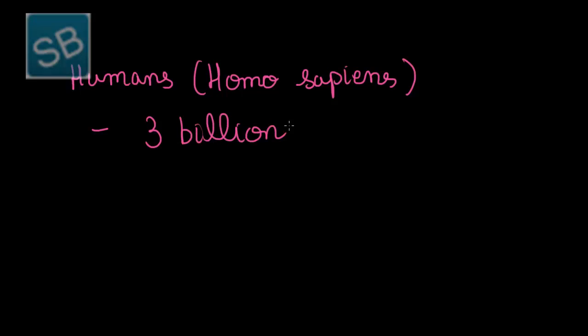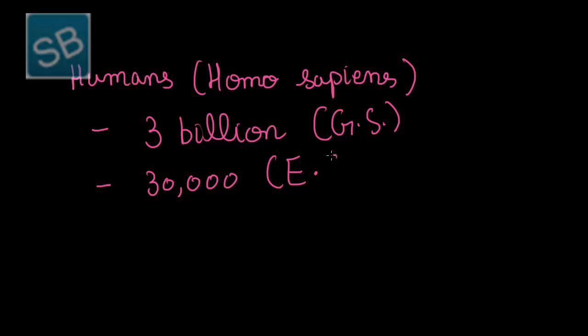As we all know that the scientific name of humans is Homo sapiens, whose genome size was about 3 billion, or it can be even more than that, and GS means genome size, and estimated number of genes was about 30,000. ES, that is estimated number of genes.